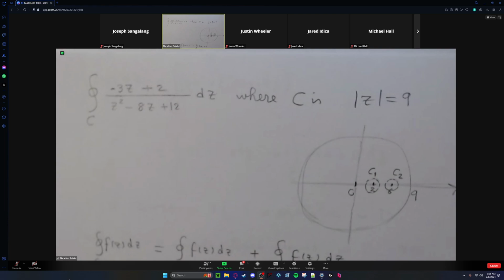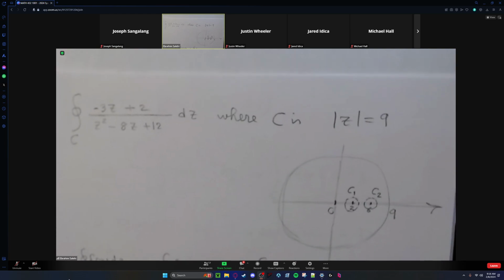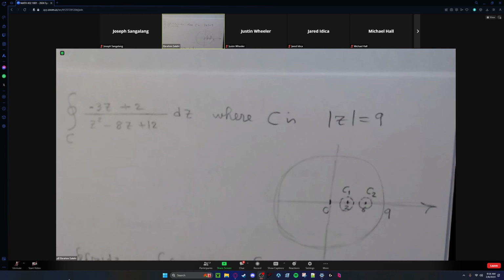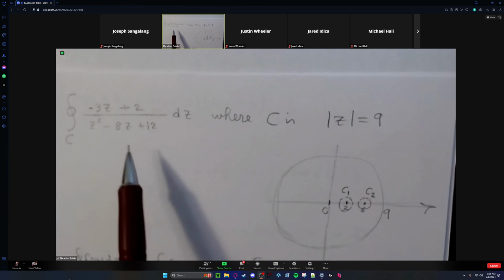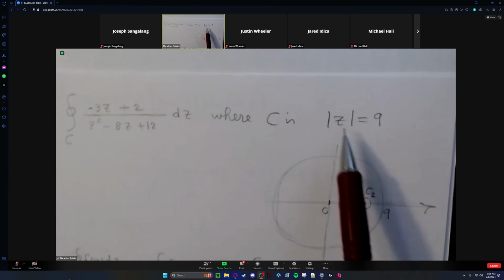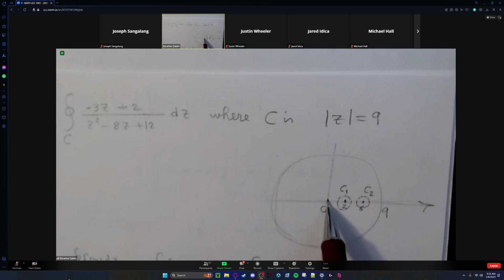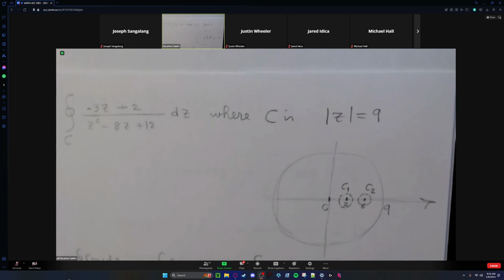So I want to integrate this over a circle of radius 9, centered at 0. Okay.